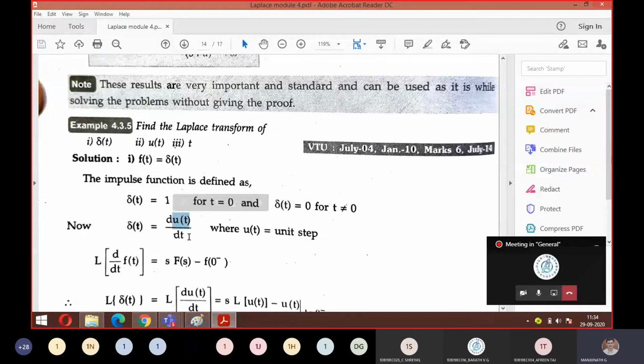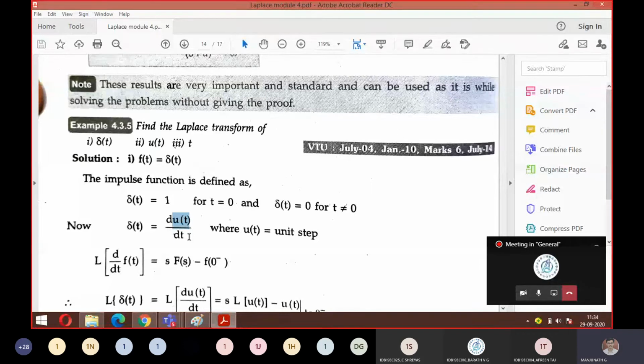Can anyone tell me why we should take the differentiation of u of t itself? Why can't I take r of t? Your answer is above: delta of t is equal to 1. Just now I told you, the function or signal u of t or delta of t is always equal to 1. That is not the case for r of t, right?